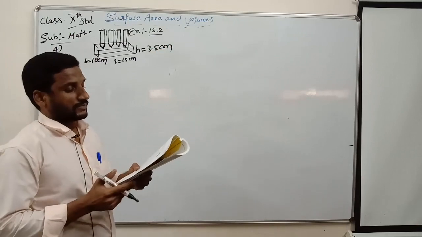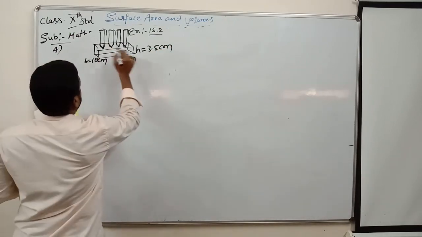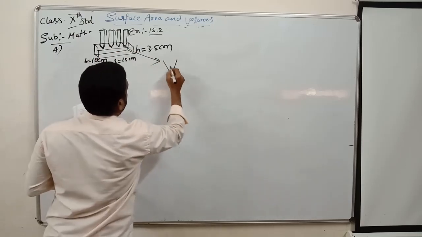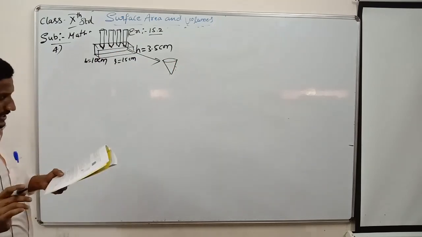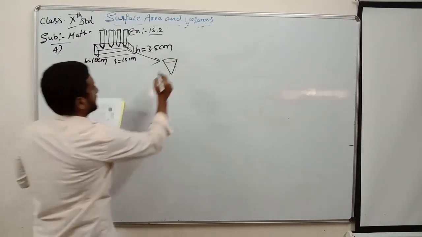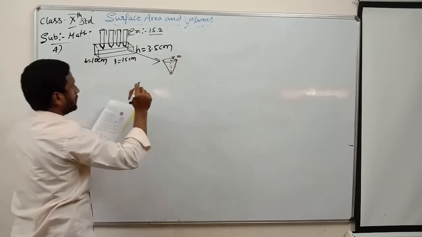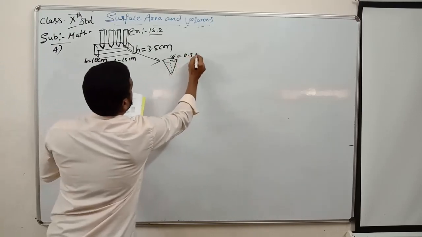The radius of each of the depressions is given. I am zooming in on this. A pen depression like this is nothing but a cone shape. The radius R is equal to 0.5 centimeter.